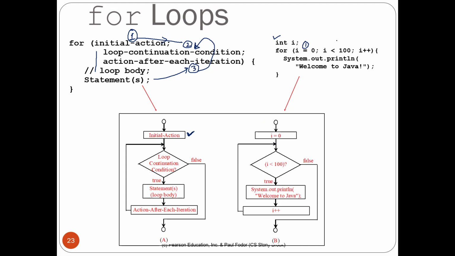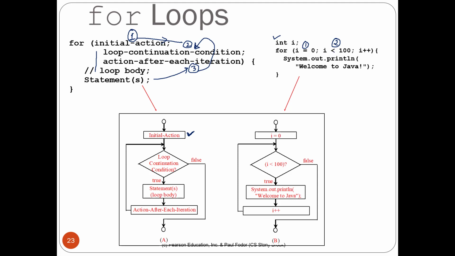Then the second thing that we do in sequence is checking the condition, is I less than 100. I was declared before the for statement, but in the first part of the for statement we initialized I to 0. Since I has been initialized to 0, we can do this comparison. We can check whether I is less than 100 or not.